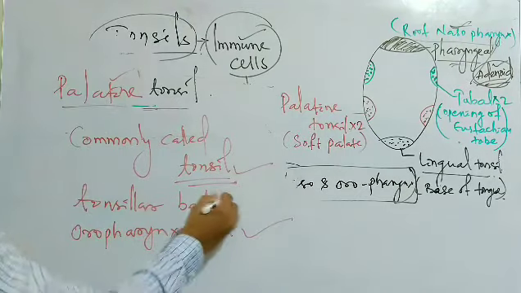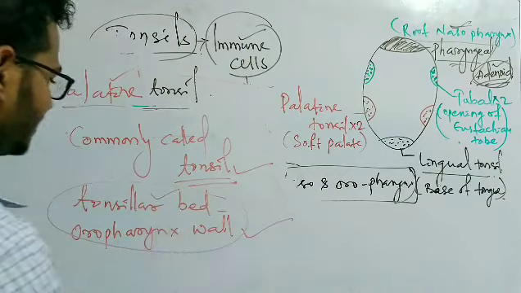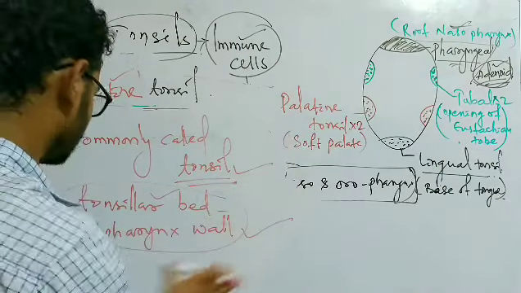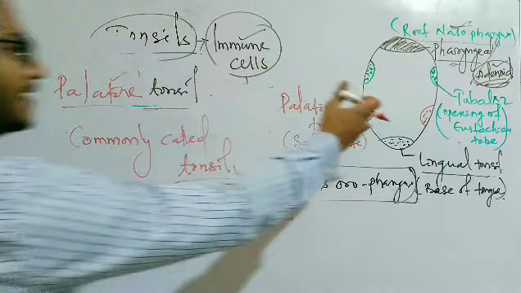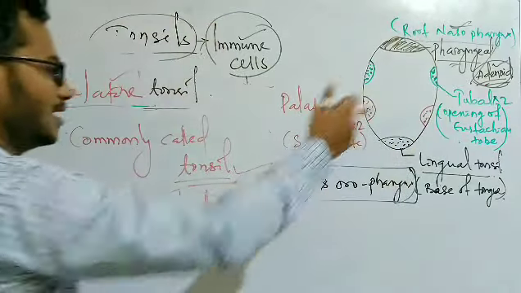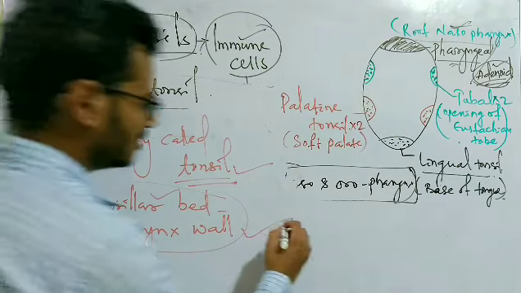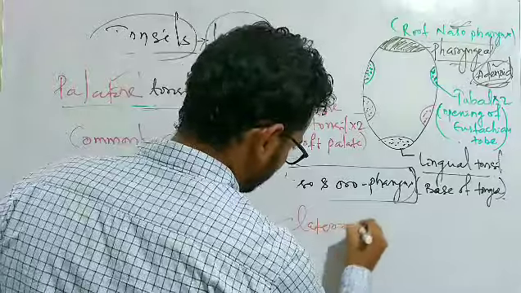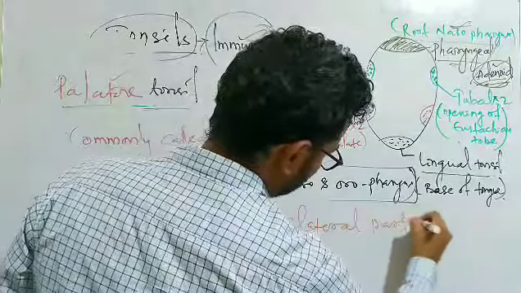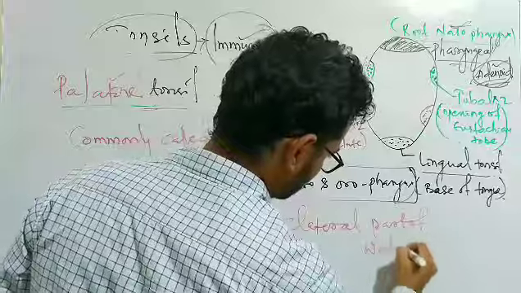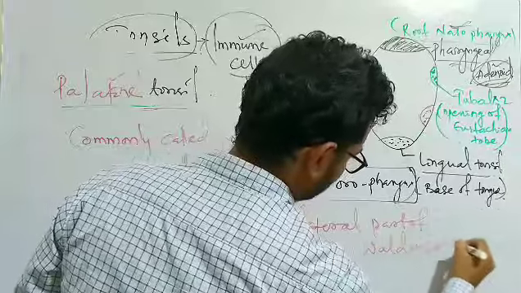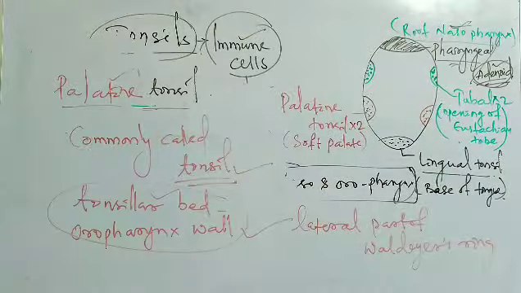It is commonly called tonsil and it is located in the tonsillar bed, at the center of all the tonsils, at the lateral side of Waldeyer's ring, and it is present in the oropharyngeal wall. Here I can also write lateral part of Waldeyer's ring. Clear? So this is all about the location of the palatine tonsil.